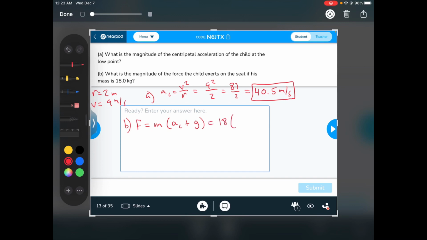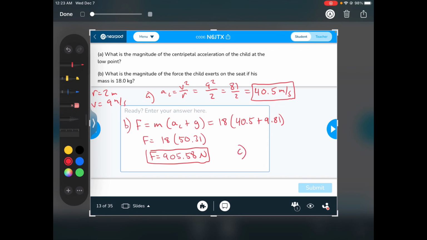So that's going to be 18 times 40.5 plus 9.81. So 18 times 50.31. And that comes out to be a force of 905.58 newtons.